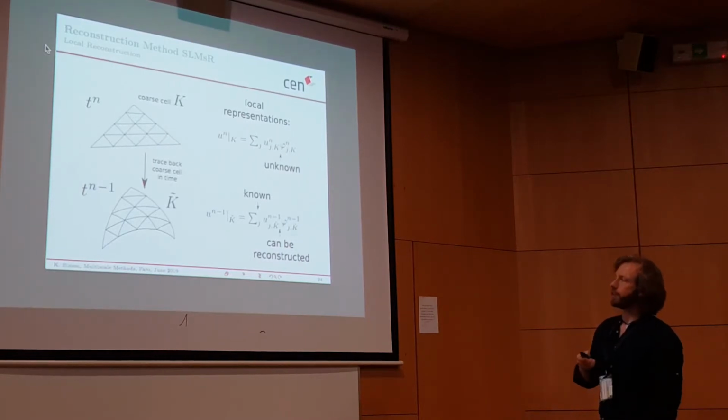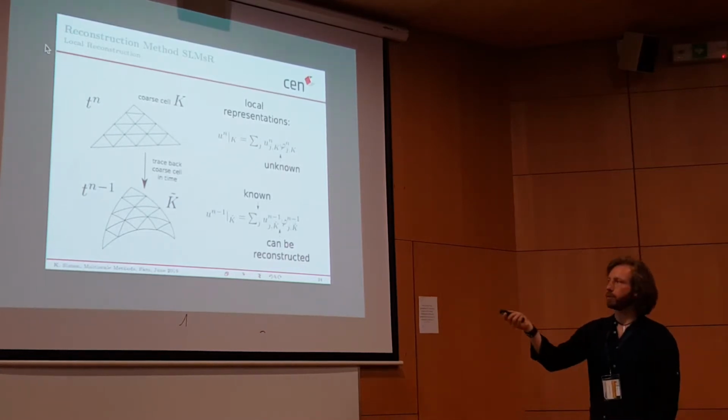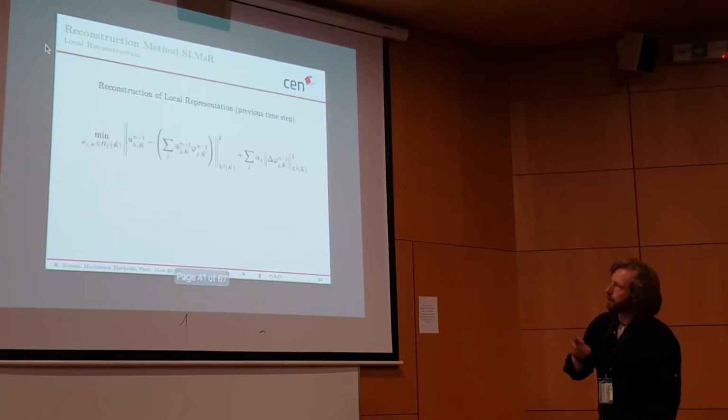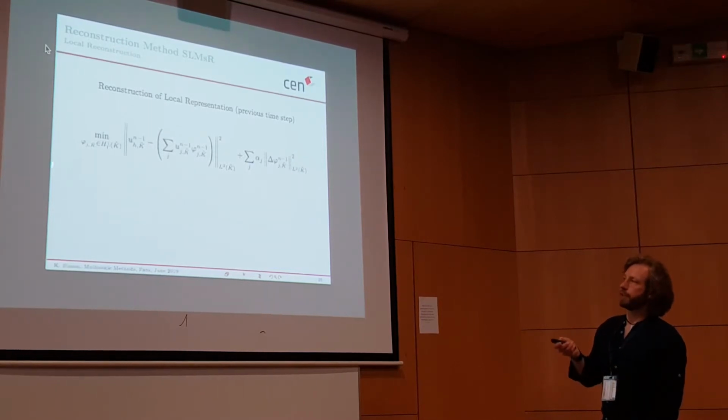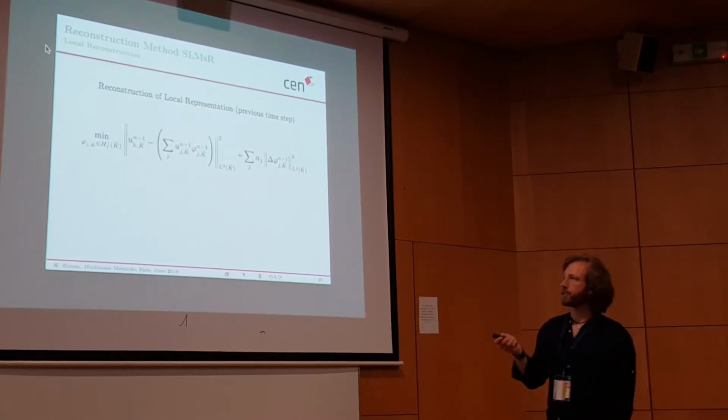By assuming certain things on this basis, we can maybe reconstruct this basis if we knew these weights. So if you do it in a conformal setting, you can come up with a reconstruction of a basis function like that. You solve an inverse problem on each of these distorted cells.